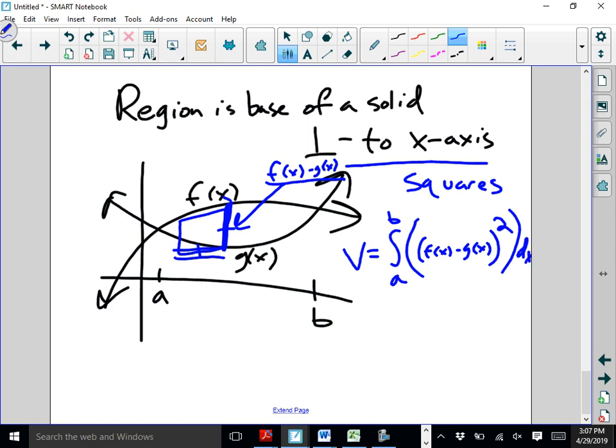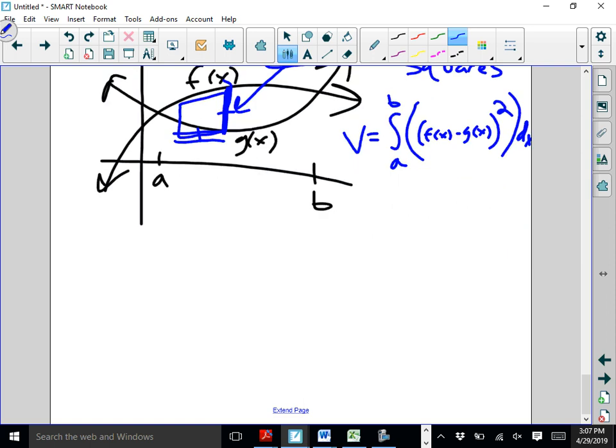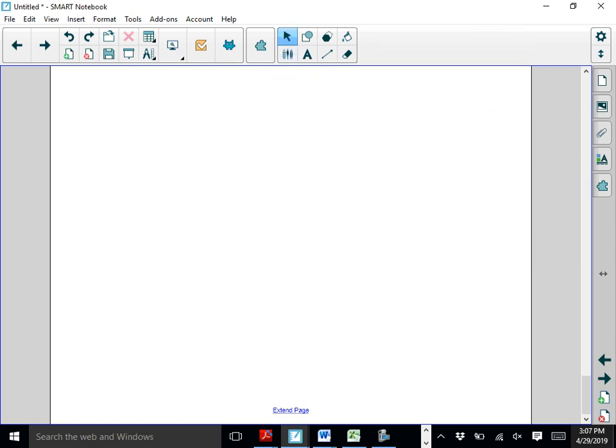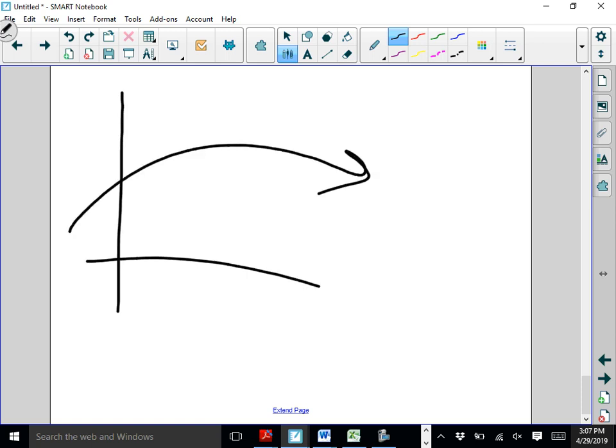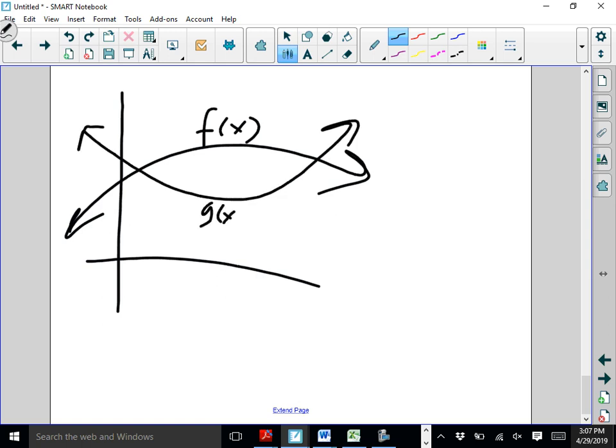Let's try one with a different shape. We got a here, b here. Let's do the tough one. Let's say the cross sections perpendicular to x are semicircles.